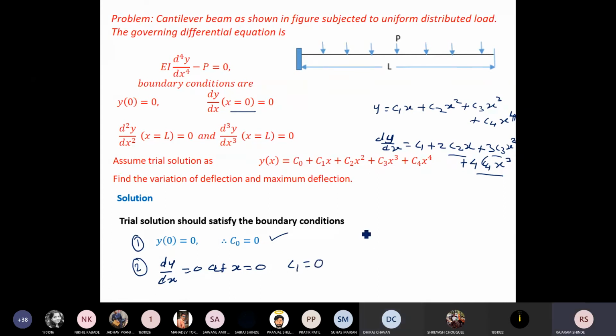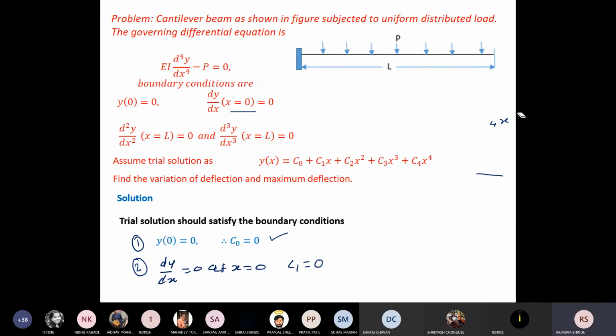Okay, now this is a boundary condition. Now I have got C1 is also 0, so again I will write the polynomial.